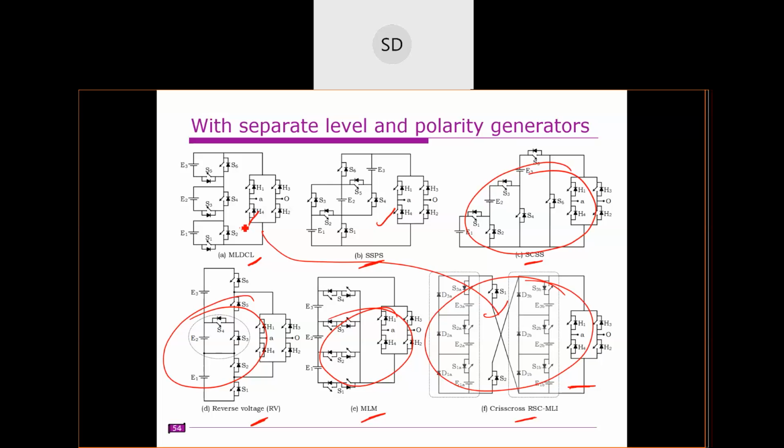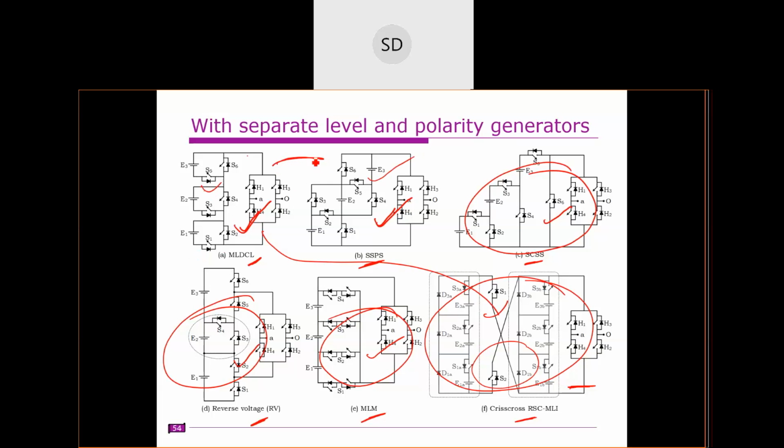Only the MLDCL and SSPS are the preferred choices. All the other topologies have unequal voltages, and this circuit itself is complex. So among these, MLDCL is preferred and SSPS is also preferred.